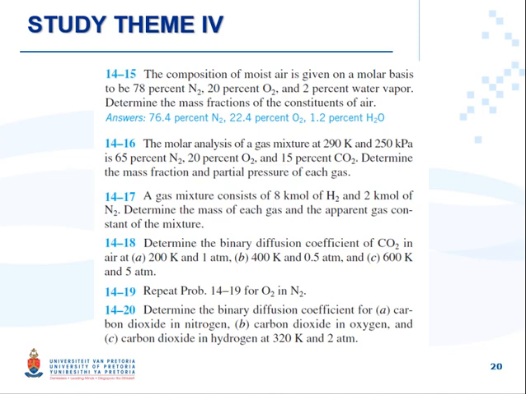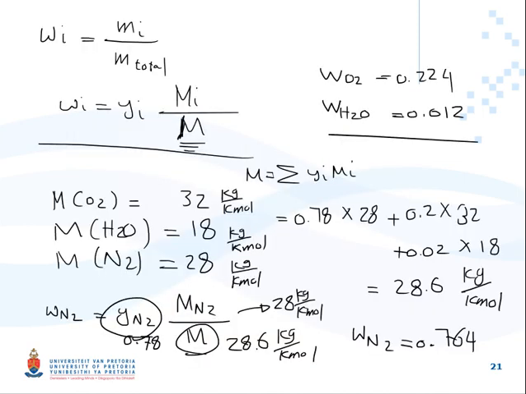Determine the mass fraction and partial pressure of each gas. So it's again asking for mass fraction, but on top of that it's asking for partial pressure of each gas as well. Let's see if we can solve it.